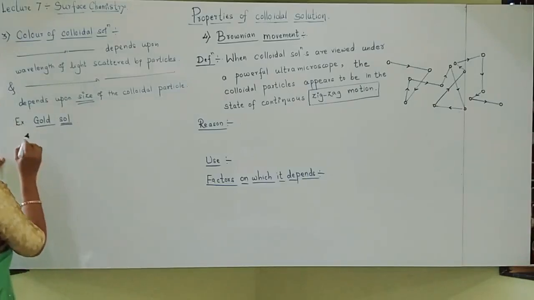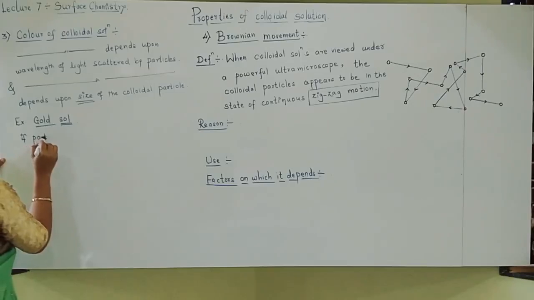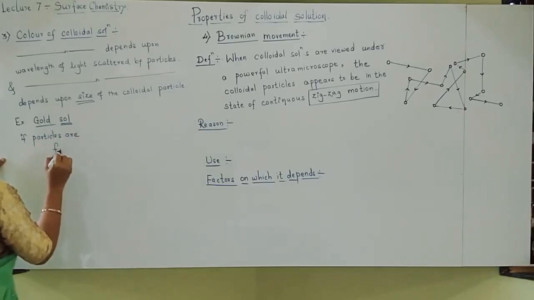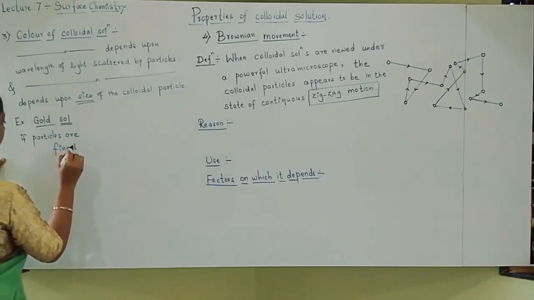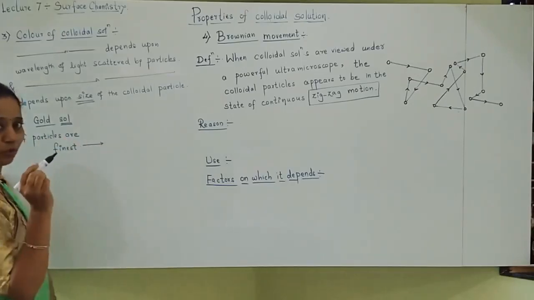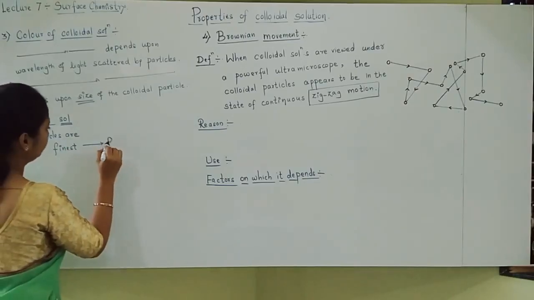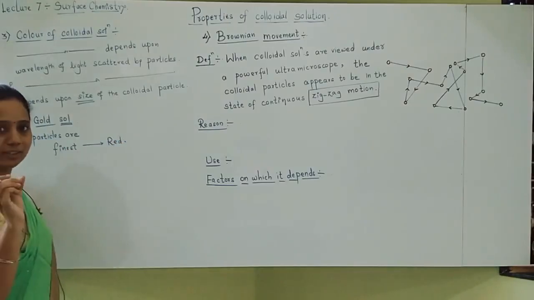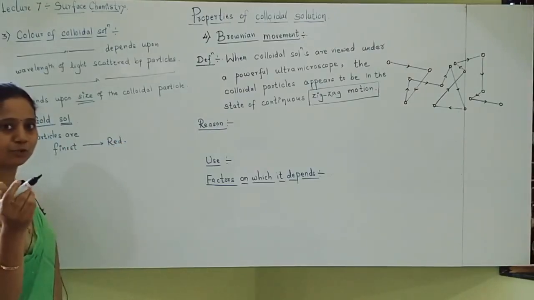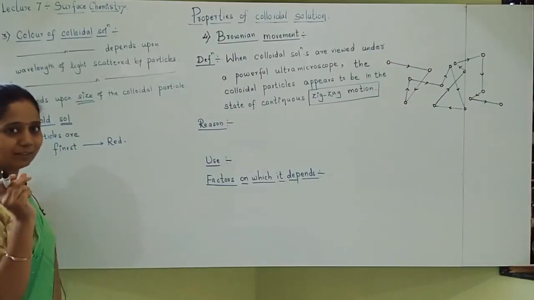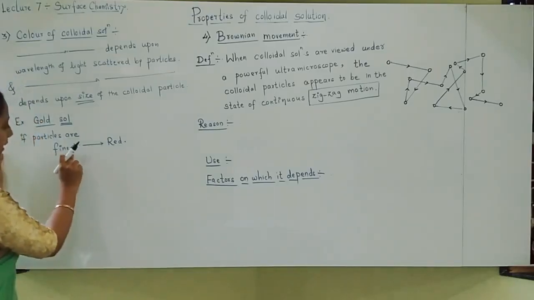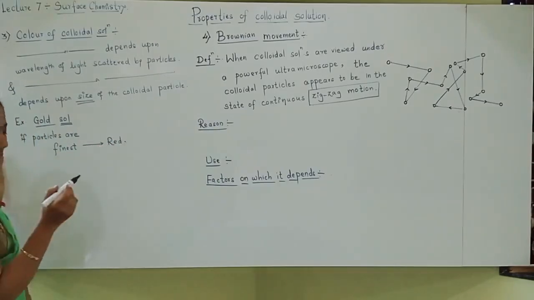In gold sol, if the particles are finest, very small size, then the gold sol color will be red. Actually it should look golden in color, but it will look red if the particle size is very small.